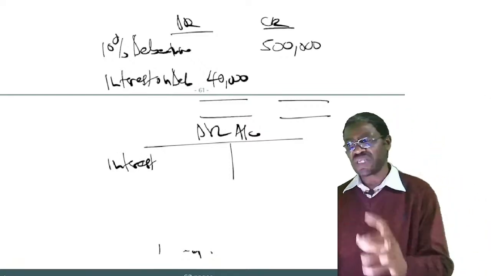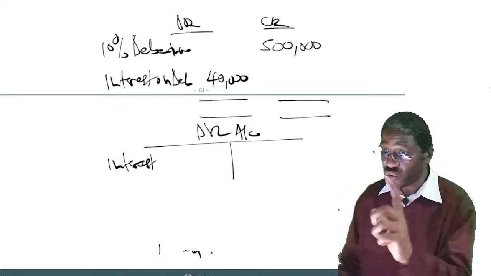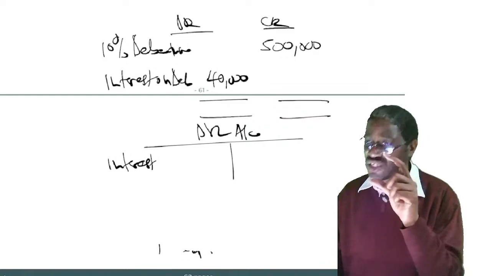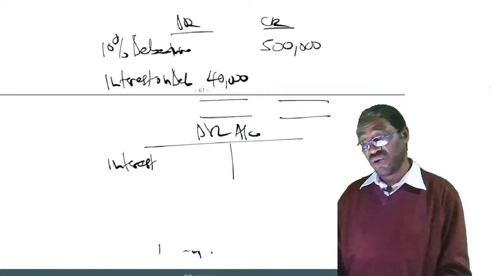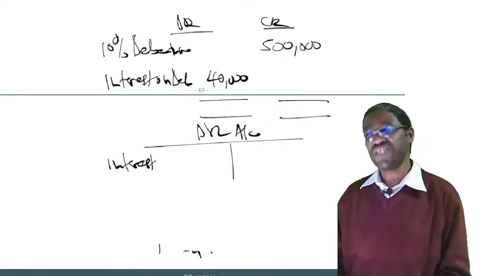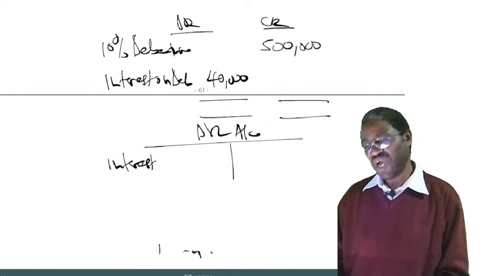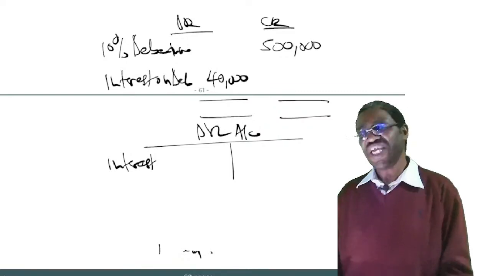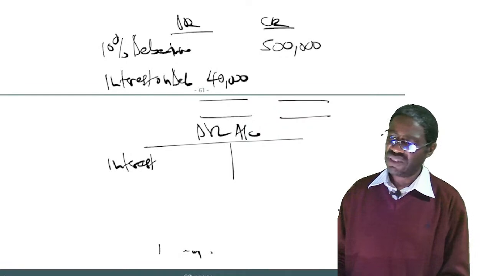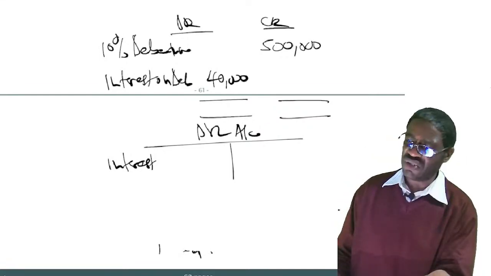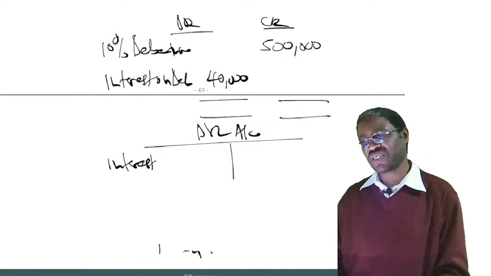When you are given such a trial balance, I want you to chart and give me the answer. In that trial balance, you have a 10% debenture, 500. Within the same trial balance, there is interest on debenture. Then you are required to prepare an income statement and a balance sheet for that company.